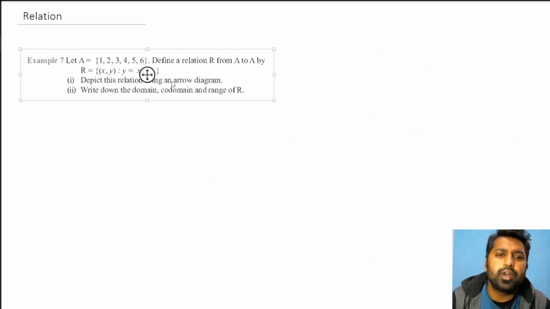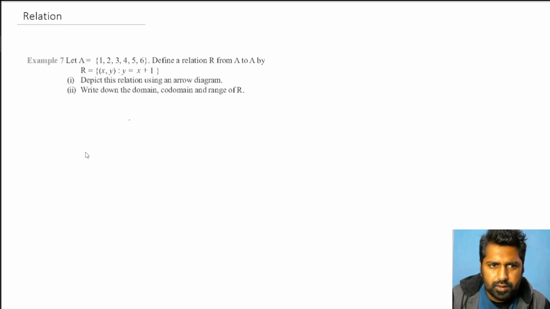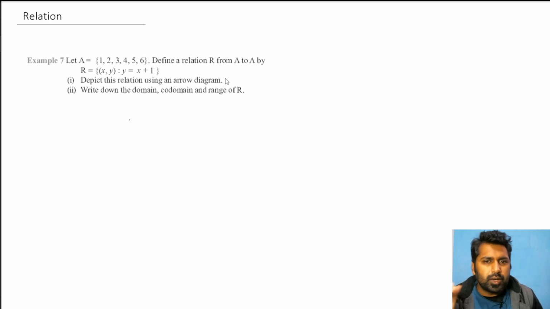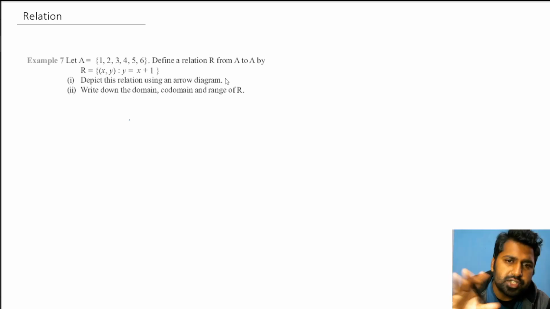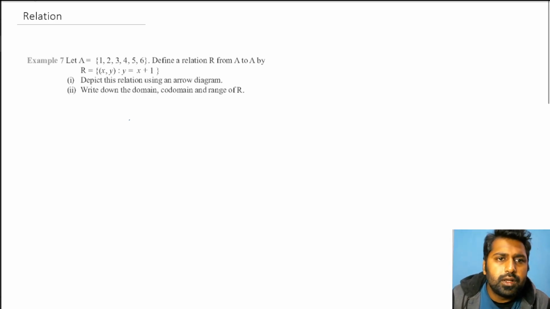The relationship between X and Y, or A and B. So I'm not giving you any proper definition of what a relationship or relation is. The relationship between X and Y will be depicted by some sort of mathematical equation that we have to understand. And you have to again use the notation that we used in sets to understand how a relation is defined here.